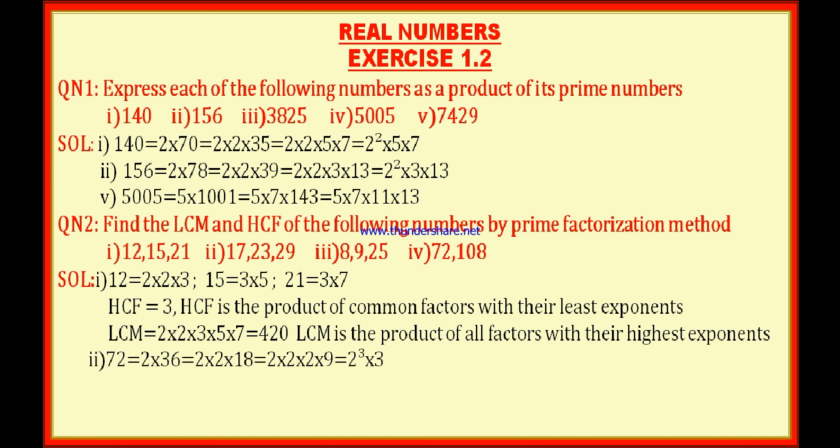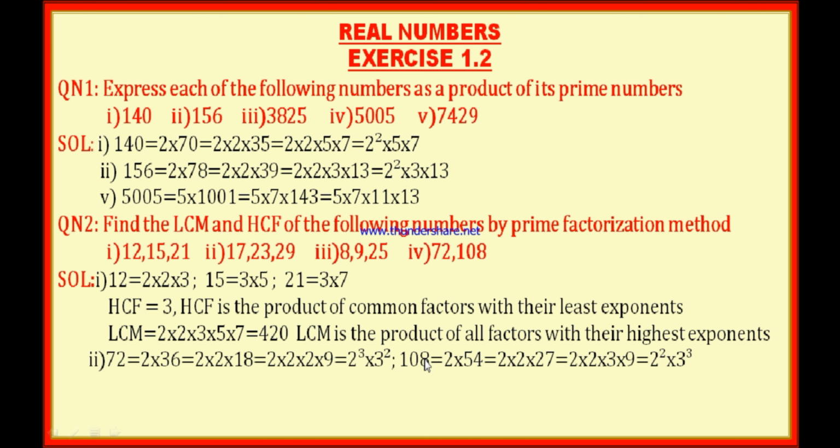And the second bit. We will solve the fourth bit now. 72 and 108. Let us divide 72 into prime factors. 2 into 36 is 72, and again 2 into 18 is 36, and again 2 into 9 is 18, and now this 9 can be written as 3 into 3. Now 2 into 2 into 2 is 2 cube into 3 square.